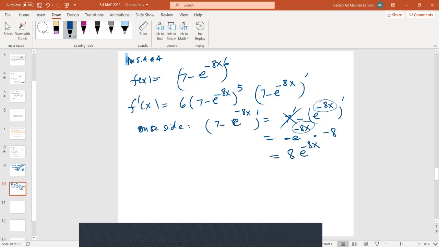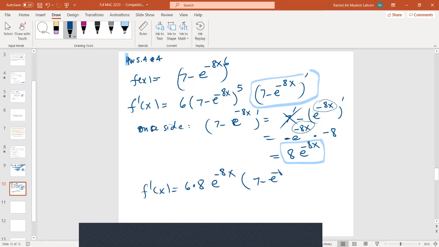So f prime of x is 6 times 8 times this, in whichever order is okay. So 48.